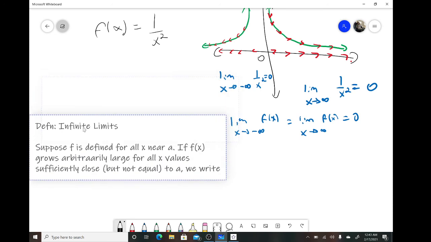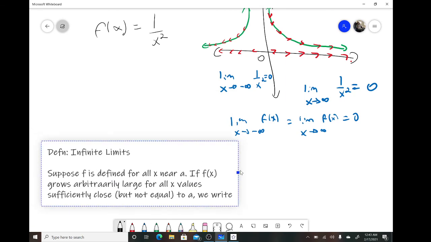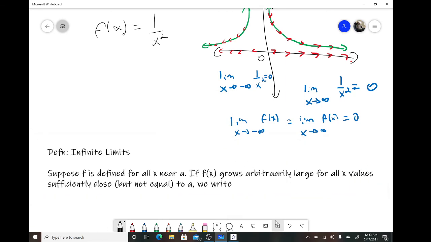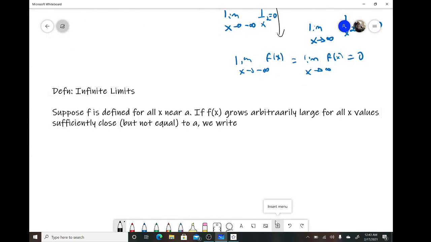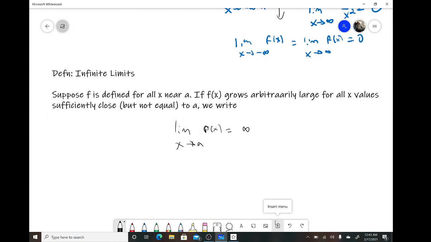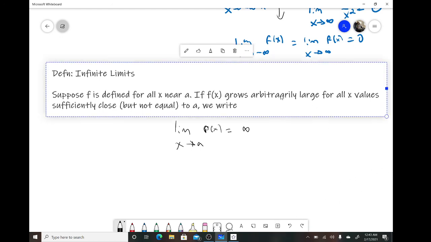Let me move this down so it's not in the way of the other things. We write that the limit as x goes to a of f of x equals infinity. So if f is defined for all x near a, and f of x grows arbitrarily large for all x values that are very close to a, then we write that that limit is infinite.